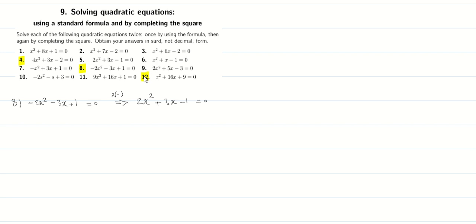Now I want to use the quadratic formula first. We know based off the formula, the x value was equal to negative b plus minus the square root of b squared minus 4 times ac divided by 2a. Now our a value in here is 2, our b value in here is 3, and our c value in here is negative 1.